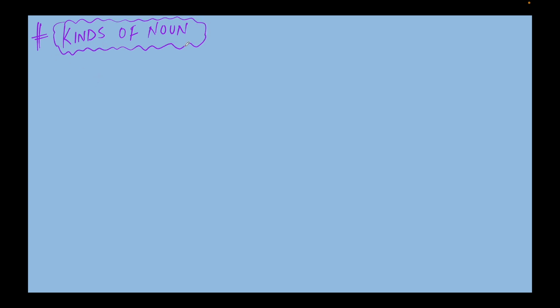Okay. Kinds of noun. The first noun is known as proper noun. Second one, common noun. Third one, material noun.